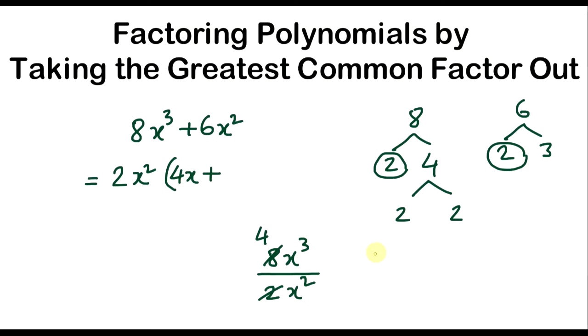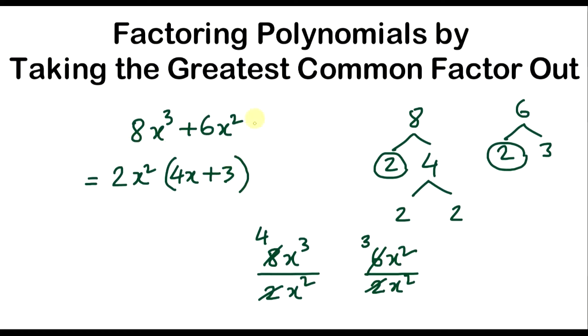Next, you will divide 6x squared by 2x squared. You simplify, you get 3, and x squared and x squared will be cancelled. You get only 3 here. That is your answer.